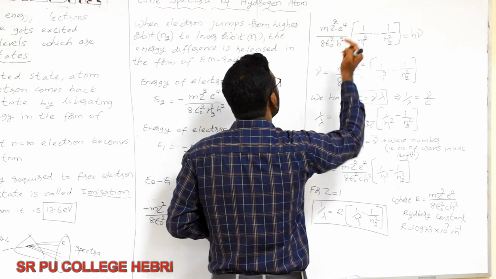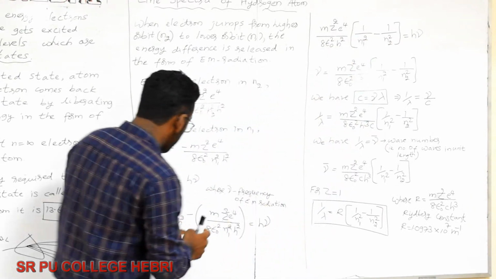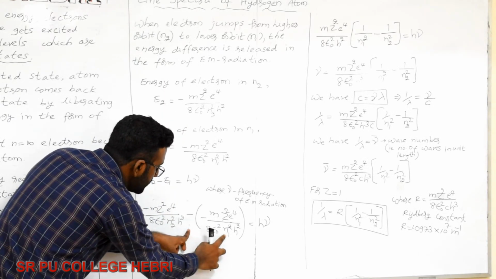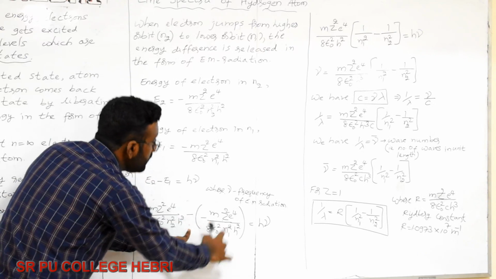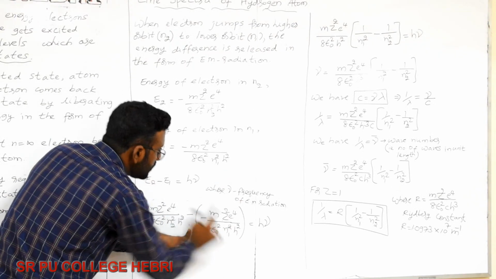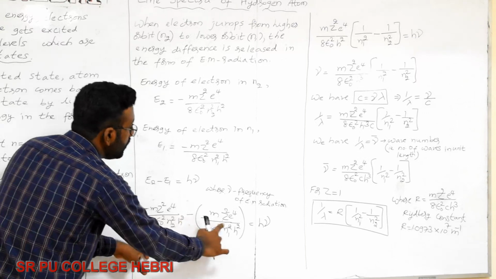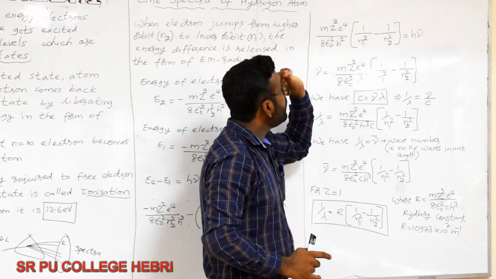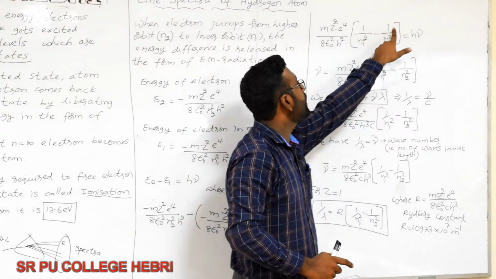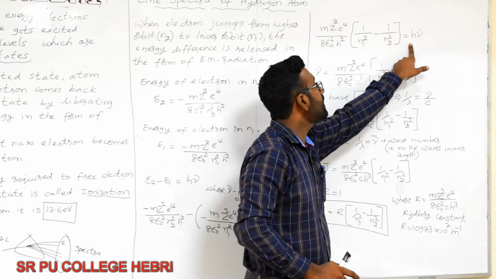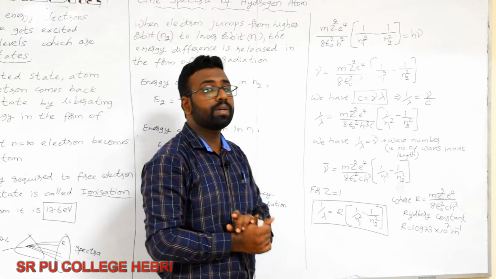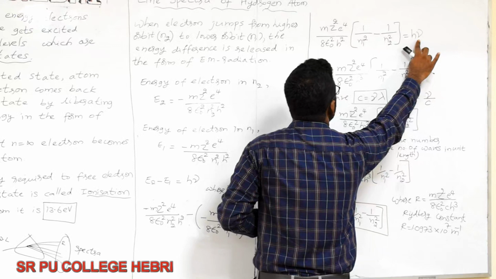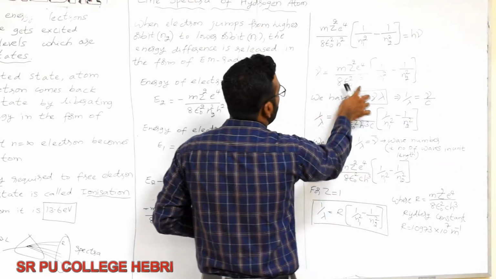Inside the bracket, minus of minus is plus, which is why the plus term is written first: 1 divided by n1 square minus 1 divided by n2 square, equal to h nu.